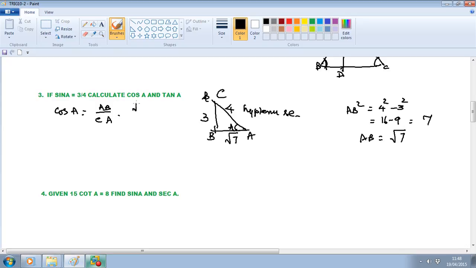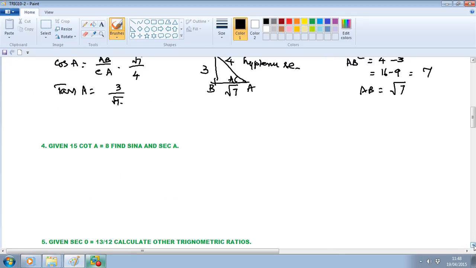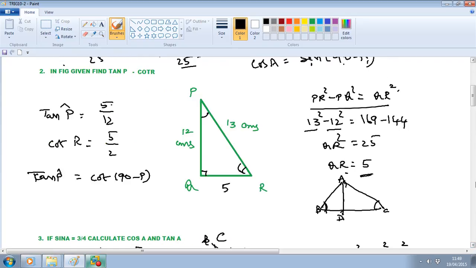Root 7 divided by 4 is the answer for cos A. What about tan A? Tan A is opposite side by adjacent side, 3 by root 7. If we know two sides, we can always find out the third side.